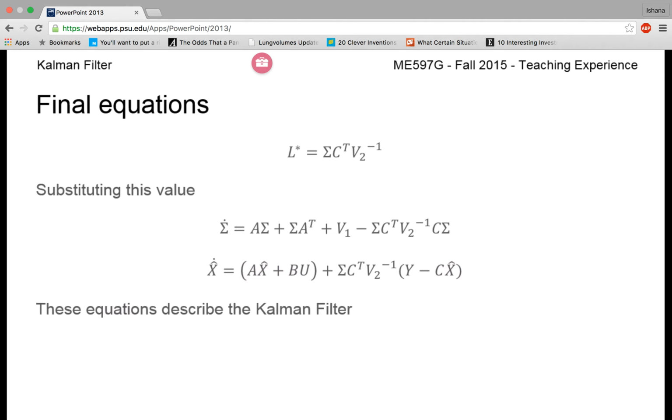So this is the gain value at which our error variances for all terms in x tilde are minimized. We take this gain and substitute it back into the equations for error covariance matrix updation and the state estimate updation. So this essentially describes the Kalman filter. Thank you.